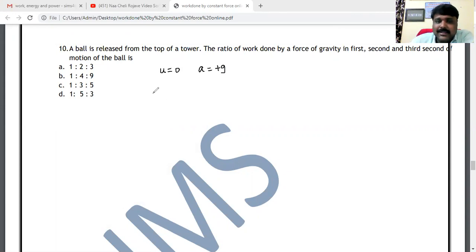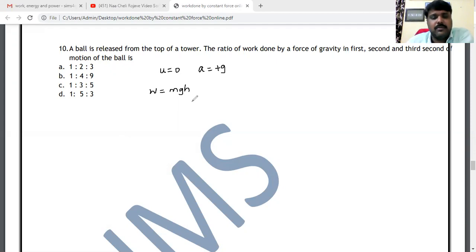Here we can consider the work done equals the potential energy present with the object. According to the law of conservation of energy, the kinetic energy may change into potential energy, and the potential energy may change into kinetic energy, but the total energy, that is the sum of potential and kinetic energies of the object, always remains constant.